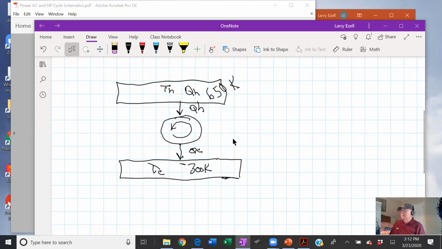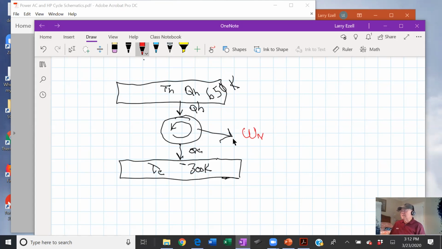He draws, in this case, we're getting, by the way, I changed color of these pens. He's getting work, call it net.